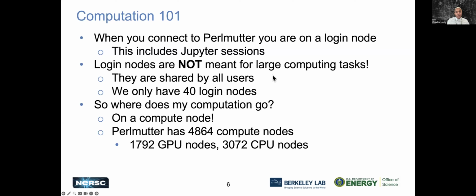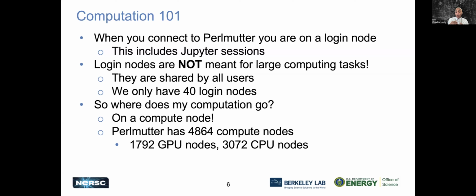All right. So what do you do to get your job going? Once you connect to Perlmutter, as Lippy explained yesterday, you're on a login node. Even if you log in with Jupyter or something, you're going to be on the login nodes. Login nodes are meant for quick computation, and they're not meant to be used for large computing tasks.